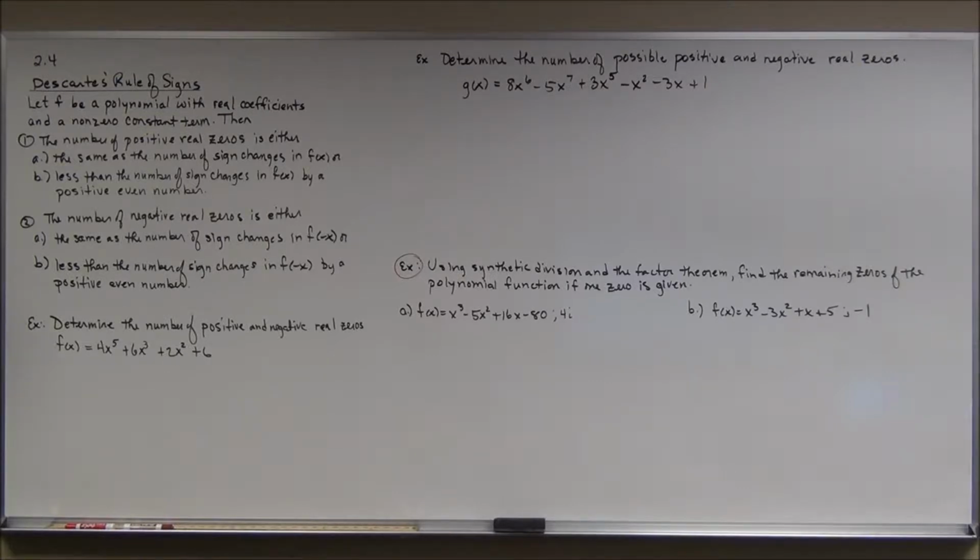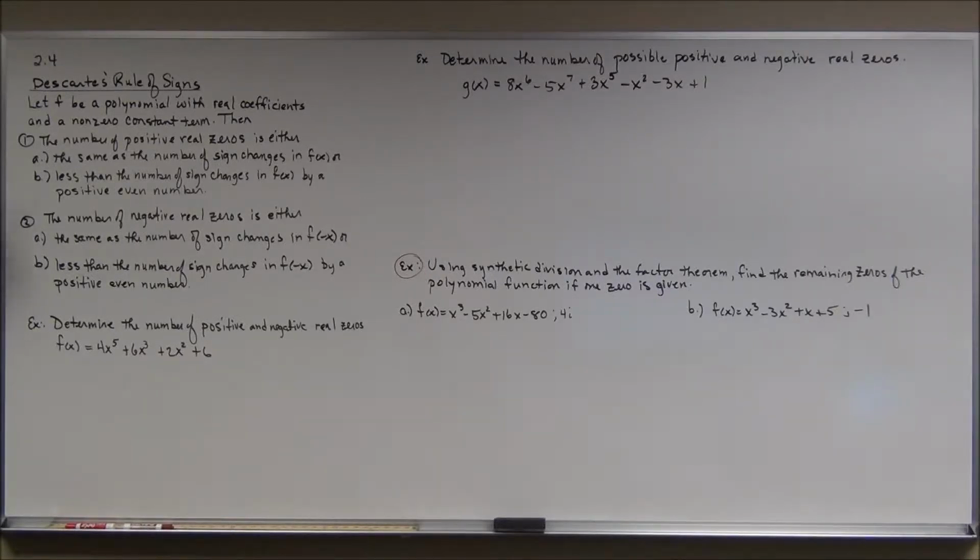Let f be a polynomial with real coefficients and a non-zero constant term. Okay, if the constant term is 0, which means there's no constant term, you would go ahead and factor out the smallest power of x that's common to all the terms, so that your constant term would become just a constant, something other than 0.